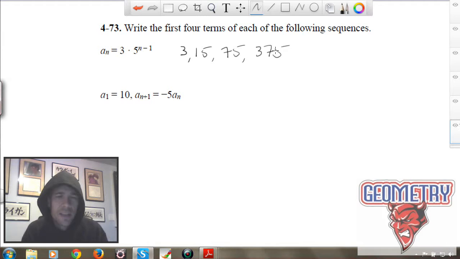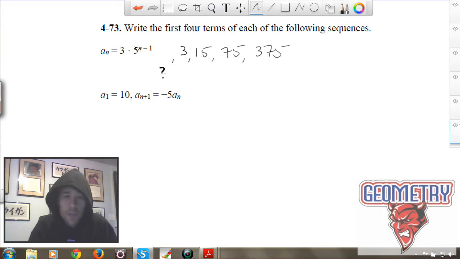I started at n equals 1. I know there's probably a big debate about did you start at n equals 1, did you start at n equals 0? I started at n equals 1. I'll do the previous term here just in case you're the school of thought that would start at n equals 0.